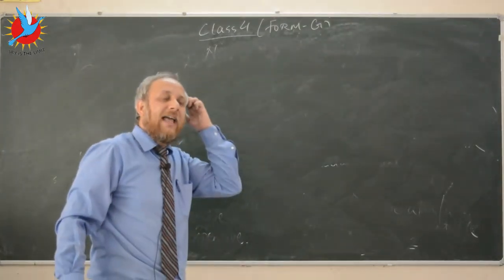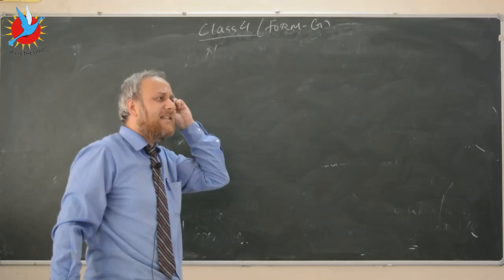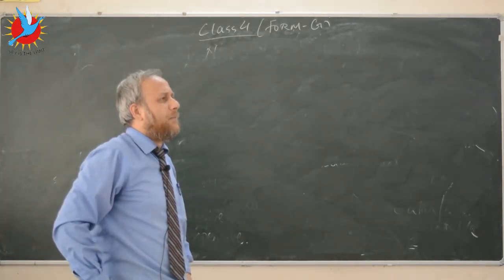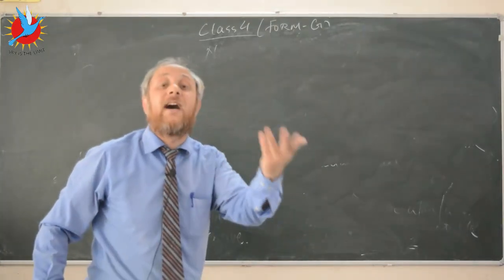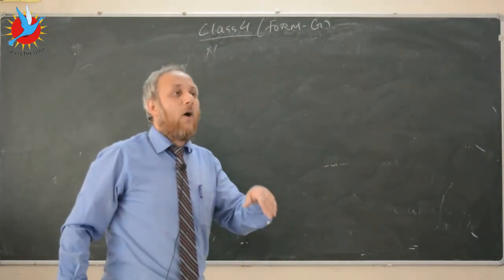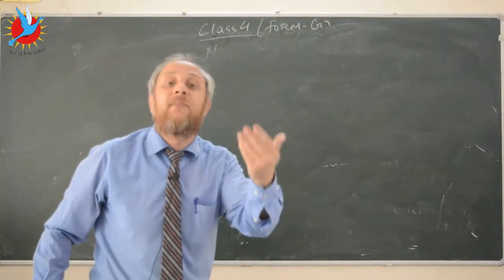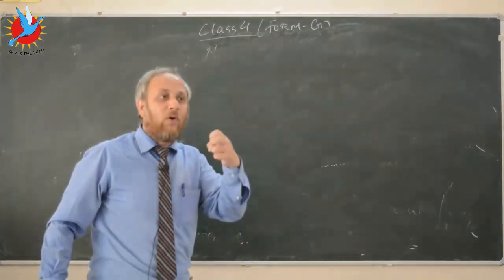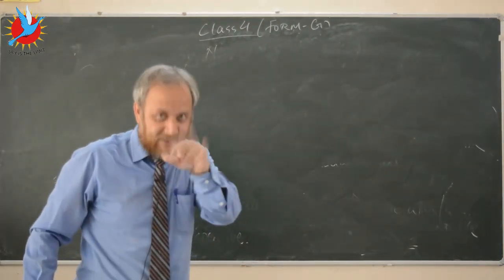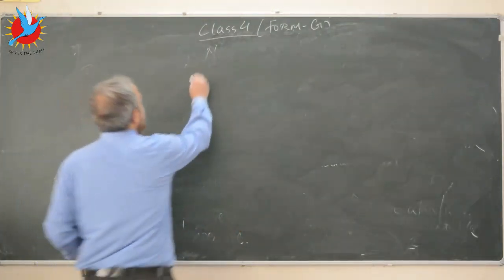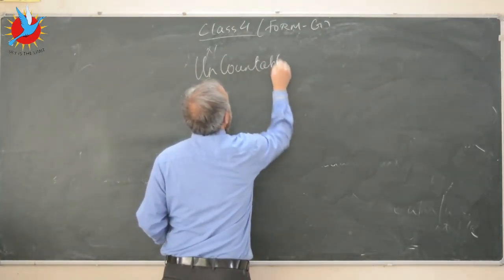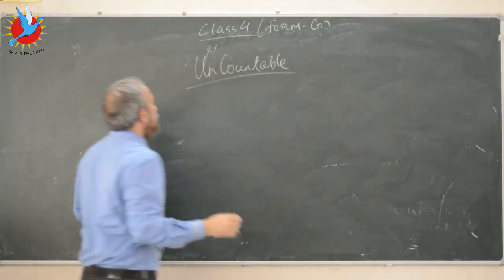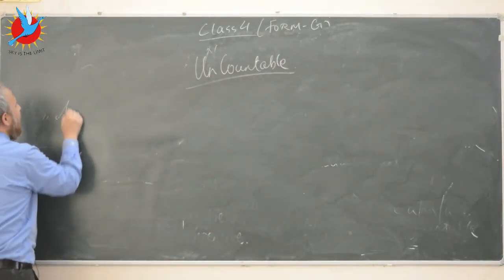I cannot say 1 dirt, 2 dirts, 3 dirts, 4 dirts, 1 mud, 2 muds, 3 muds, 4 muds. So I cannot use these words in this way. But what do you mean by uncountable nouns?